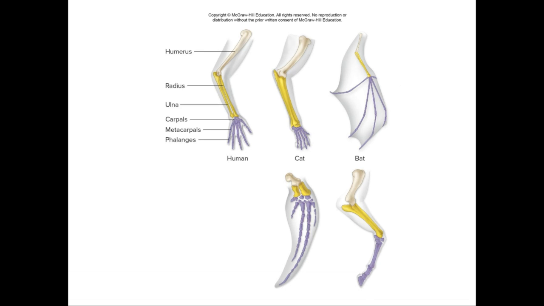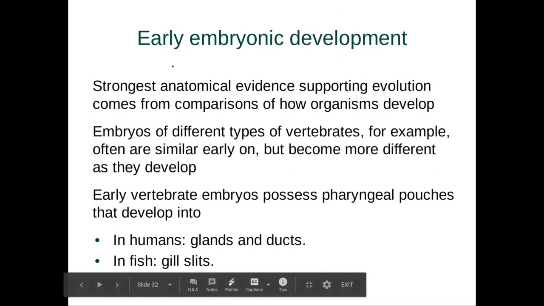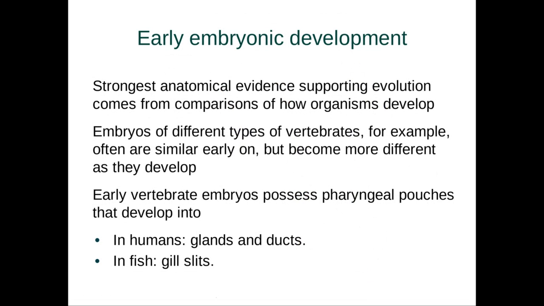We grab things. We've adapted things for our lifestyle. Cats, horses, same thing. The environment selected for the traits that are already existing within the population. So that's homologous structures. It's kind of, again, pretty cool. Now we also see, and this is my favorite type of homology, it's actually embryonic development.